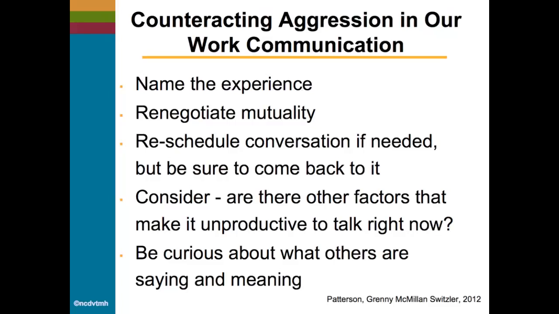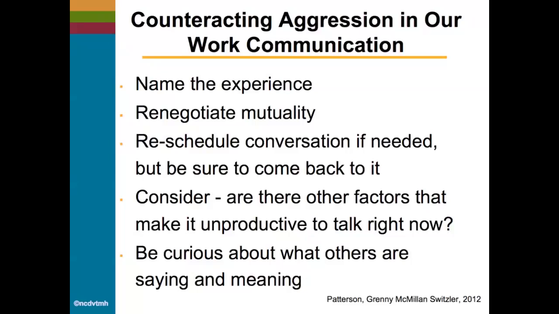So we have to then name what's happening and renegotiate mutuality. So it goes back to, what do we need? Well, what we might need to do is clear up some of these words we're using and then take the tone down a notch or slow down the pitch and the pace of things. So really thinking about how we use language in those ways. And if we need to reschedule because we're just not in a place where we can have this conversation right now, then let's name that.